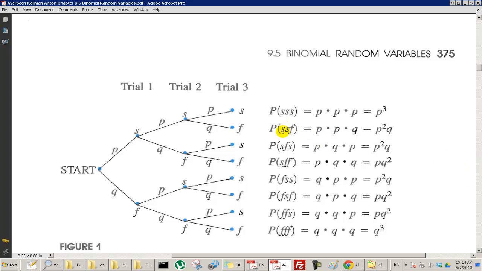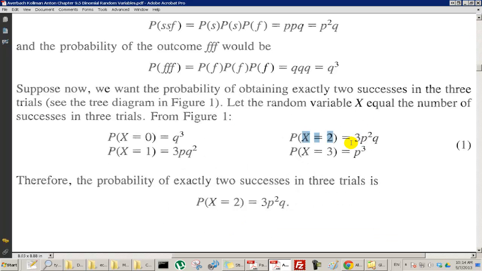So we could have SSF, we could have this one, and we could have this one. But notice that the probabilities are all the same for each of them, because you have PPQ here, but this one you have PQP, but still that's p squared q. And here you have QPP, but still that's p squared q. So each time you get p squared q, and there are 3 different ways. So we say that it's 3 times p squared q.